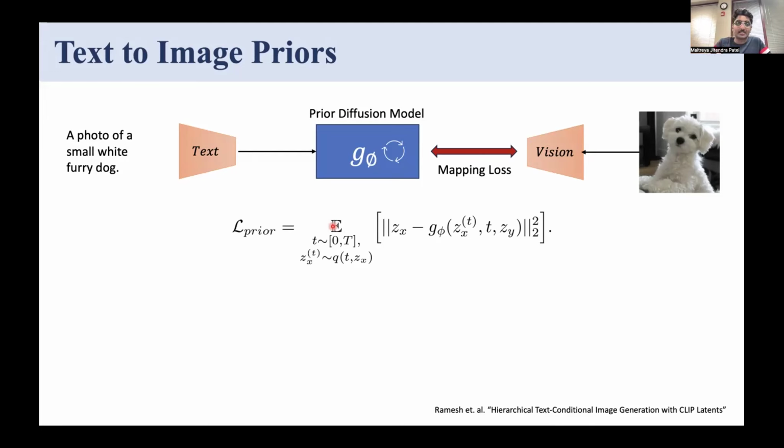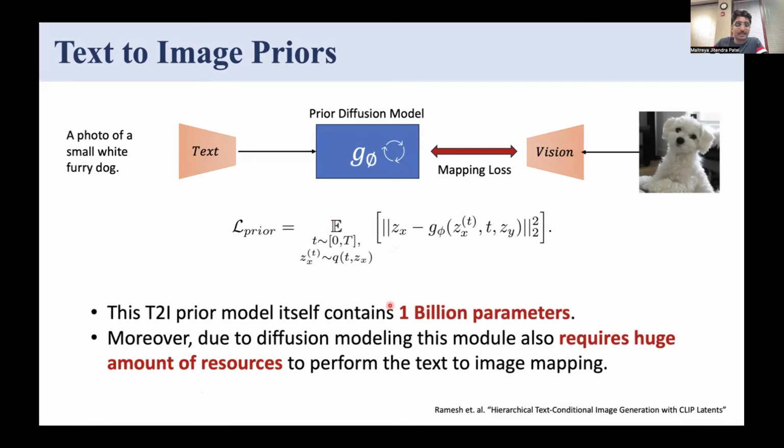But in this case, for the prior, the authors propose to directly estimate the original vision embedding instead of estimating the noise. I will come to the next slides to show how this simple change in the modeling strategy can impact the resource requirements.